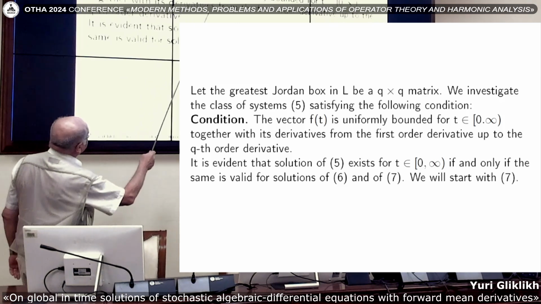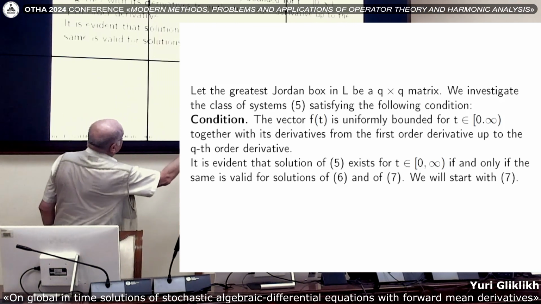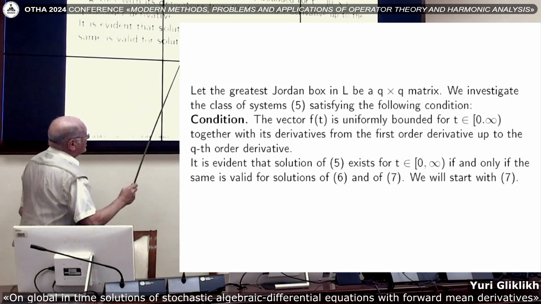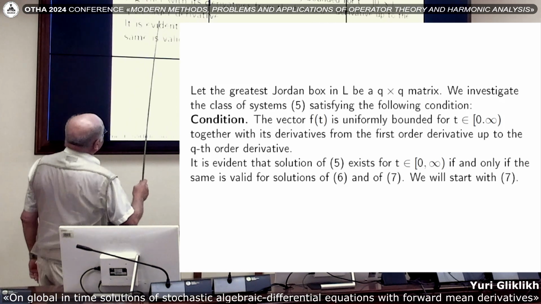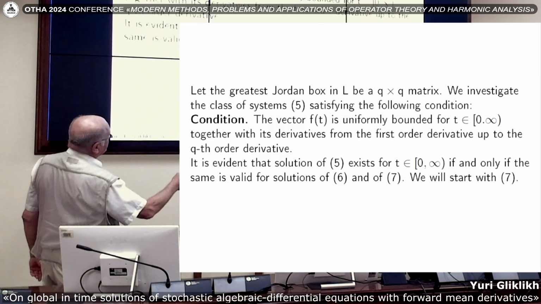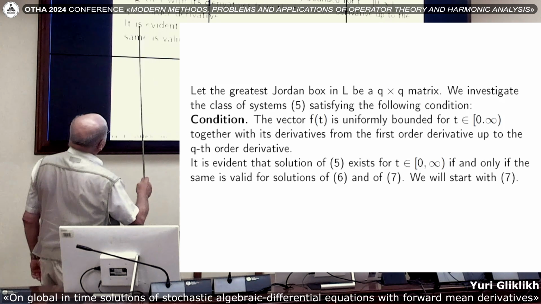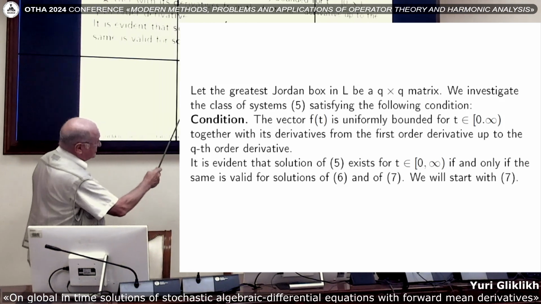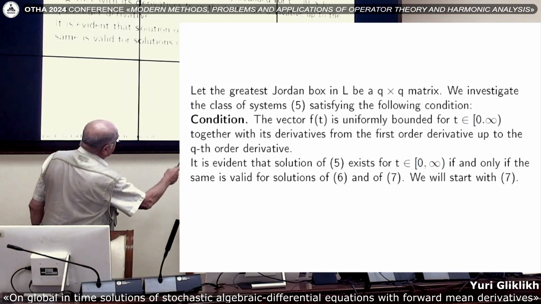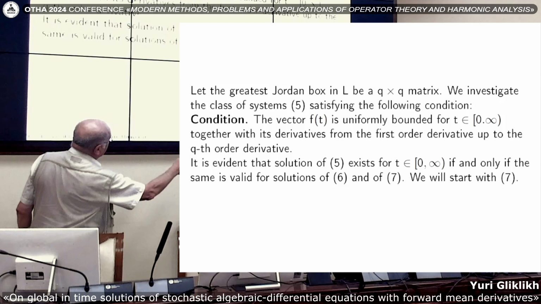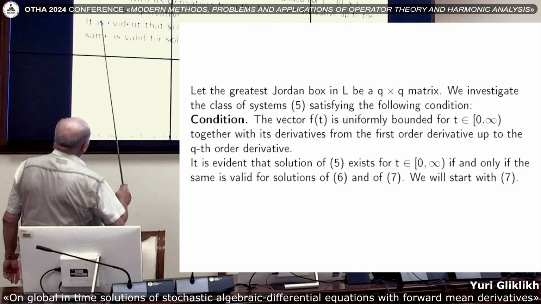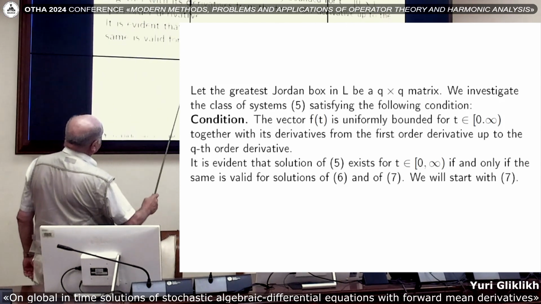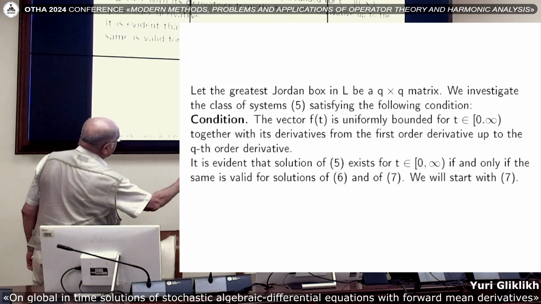The vector f at t is uniformly bounded for t on the whole half-line, together with its derivatives from the first order up to the nth order derivative. It's evident that the solution of 5 under this condition exists for all t on the half-line if and only if the same is valid for solutions of 6 and of 7.